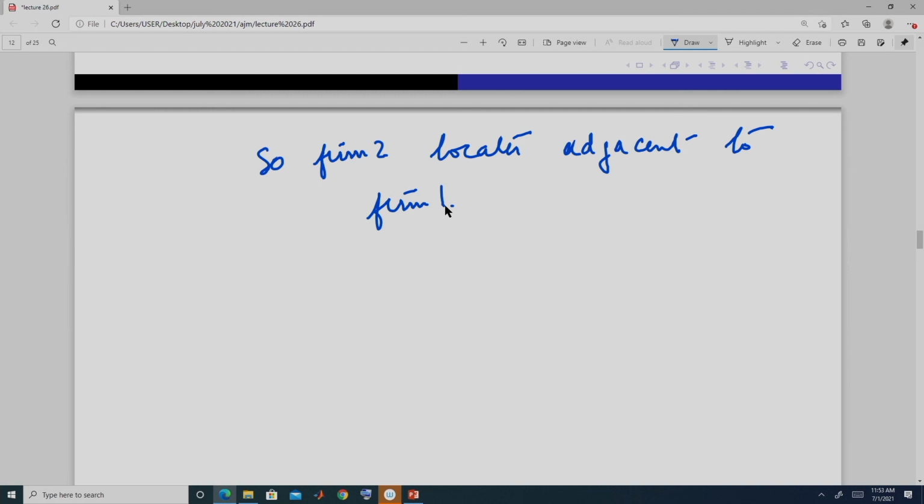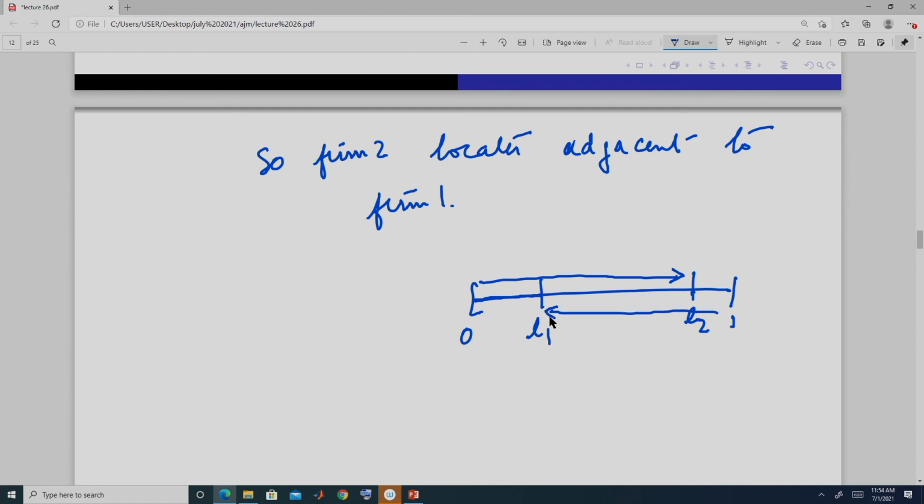From this argument we see that the peripheral firms will always locate adjacent to the other firm. If you look at this position, L1, L2, this one is peripheral from the left, but this is not; this is peripheral from the right. So, this firm will have a tendency to move here. This firm, which is peripheral on the right, will have a tendency to move here. Okay. So, they will move.